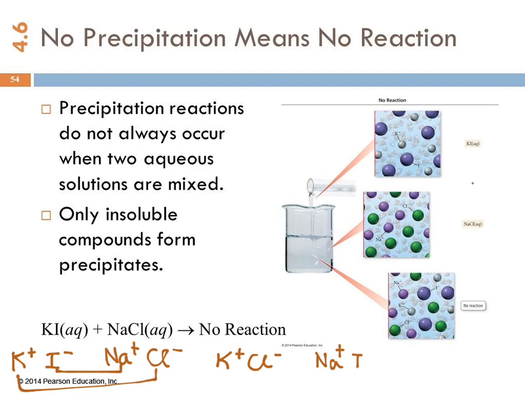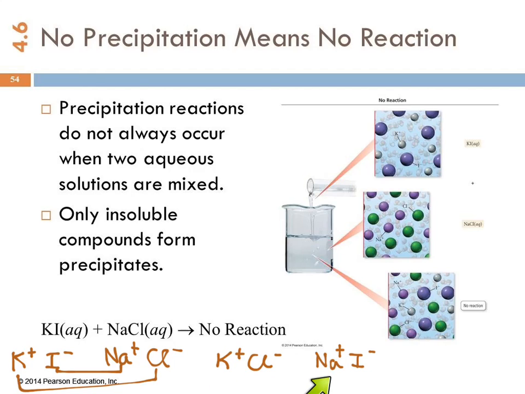And we've got sodium with iodide. How do we tell if they're going to hit it off? You look at the solubility tables, the solubility rules. Well, all potassium compounds are soluble. Chloride, this isn't one of the exceptions. So this one's soluble. They're just going to keep mingling. They're not going to precipitate.